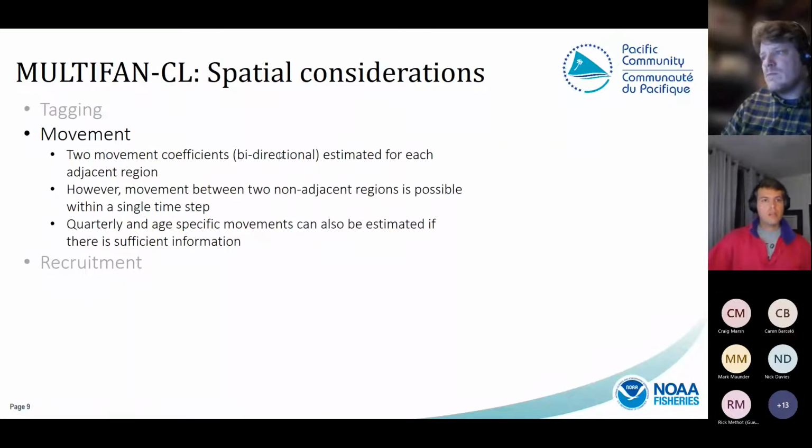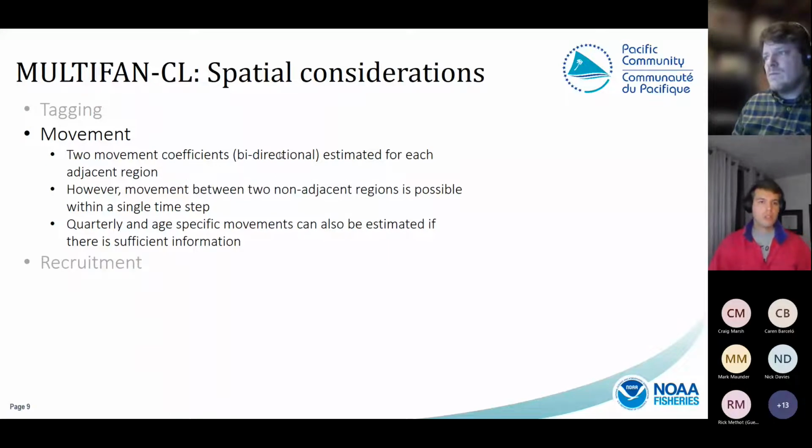In terms of movement, there are 2 movement coefficients, bidirectional, so one in each direction, estimated for each adjacent region in the model. However, the internal parameterization is such that it can allow movement between 2 non-adjacent regions within a single time step.